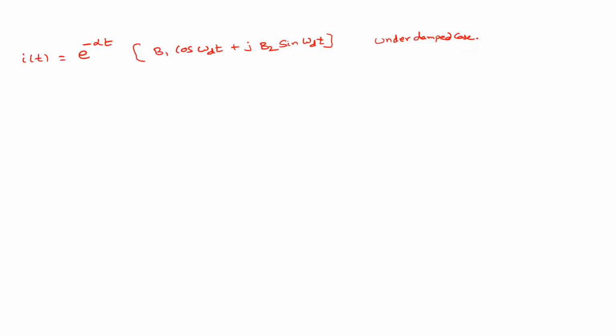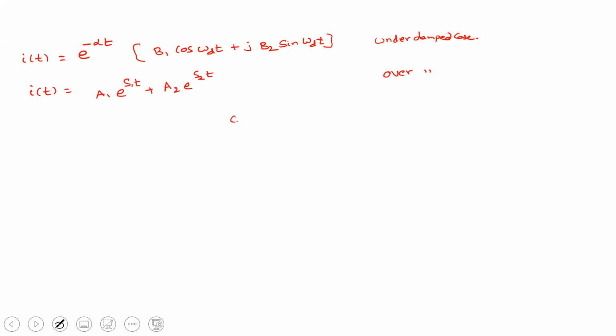Here, if you summarize the solutions, we have this for the underdamped case. For the overdamped case, we have i(t) equal to A1 e to the power of S1t plus A2 e to the power of S2t.